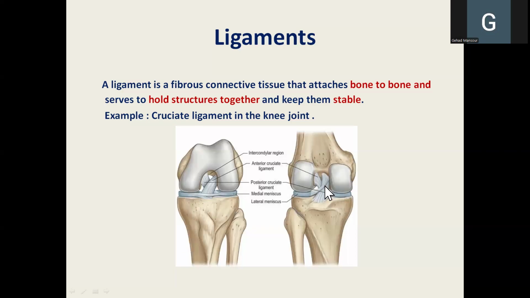So the importance of the ligaments, say for example, this is the knee joint. This is the knee joint anterior view, and this is the knee joint posterior view. As you can see, a joint is the place where the end of one bone comes close to the end of another bone.